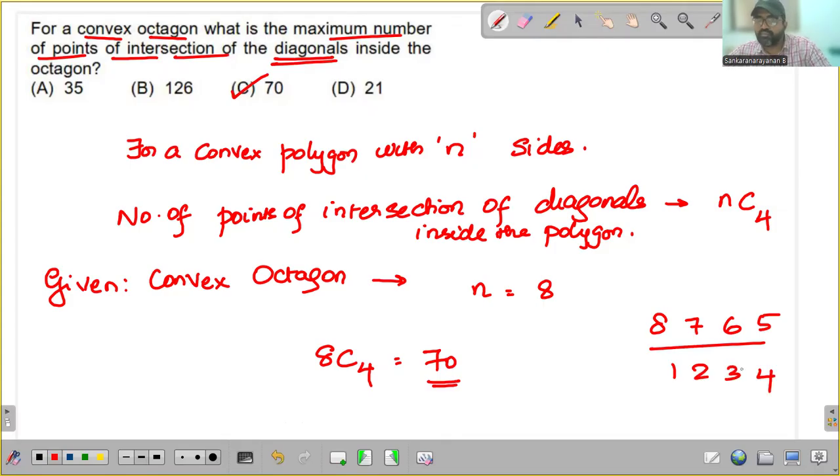The 2 and 3 go off. The 4 goes into 8 twice. 7 fives are 35, into 2, the value comes as 70. And that is my final answer.